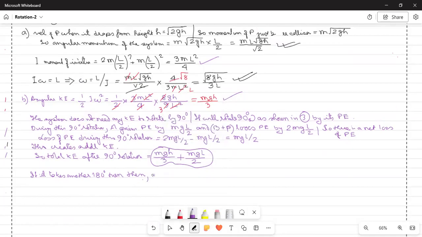The gain in potential energy by B and P is equal to 2mgl, and the loss of potential energy by A is equal to mgl.